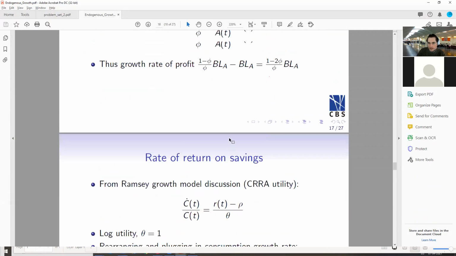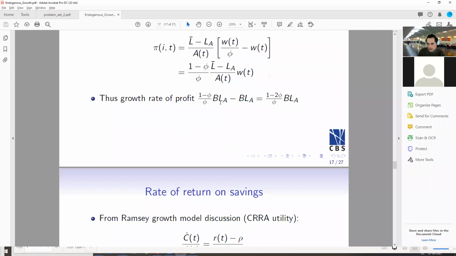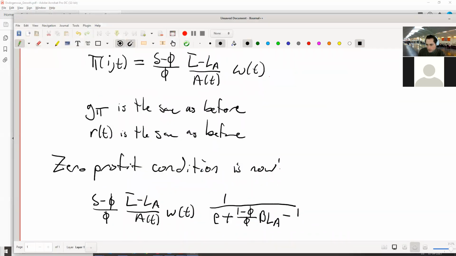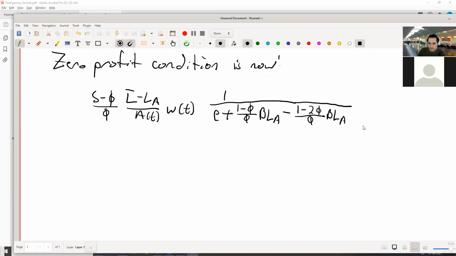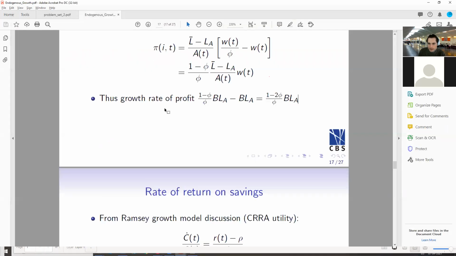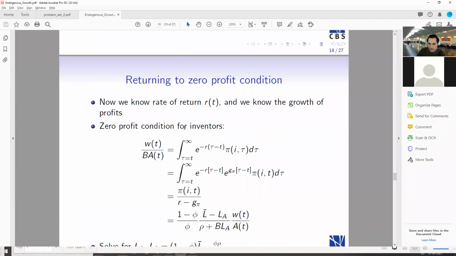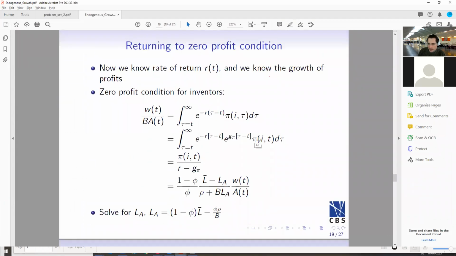What is the growth rate of profit? It's up here: 1 minus 2 phi divided by phi BLA. And this has to equal something because it's the zero profit condition. Equals W divided by BAT.